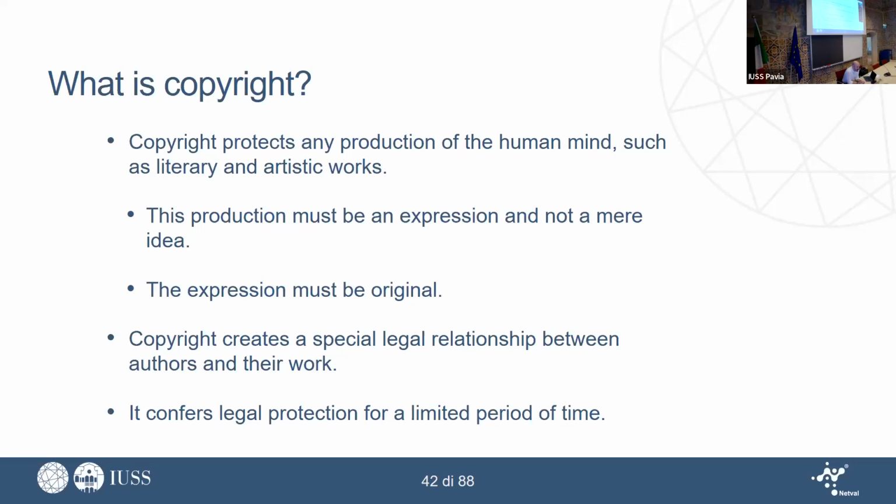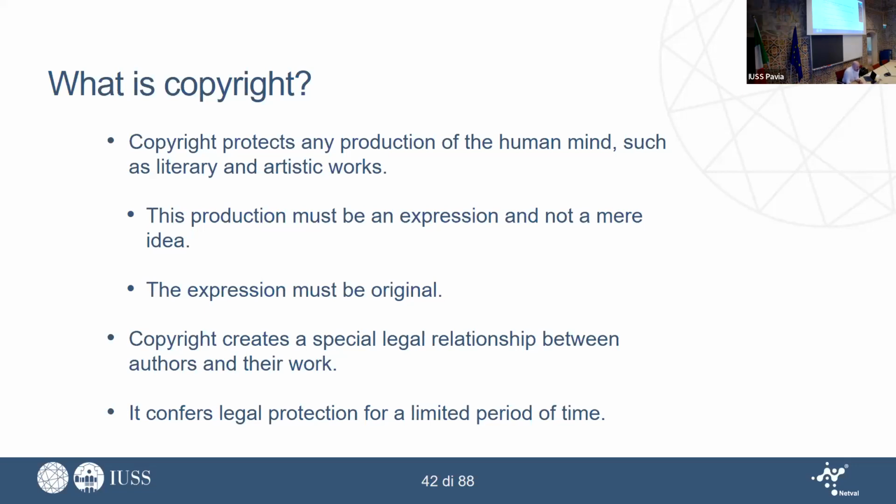So the expression should be original, has to be an aesthetic innovation, creation. So examples of copyright protected work are artistic, literary, scientific papers, musical works, sounds, music, photography, computer programs.